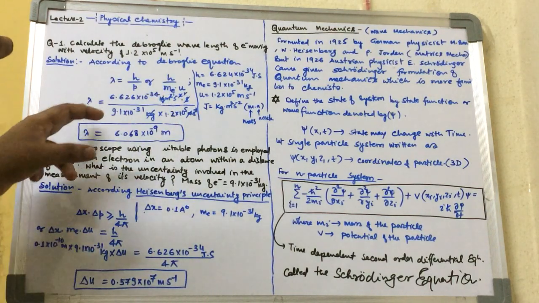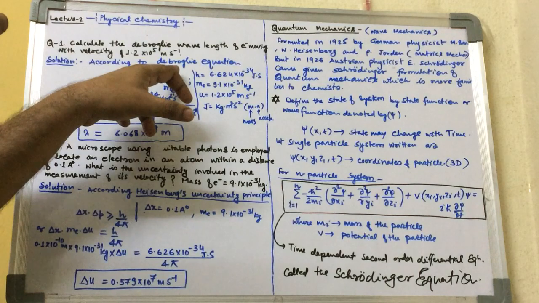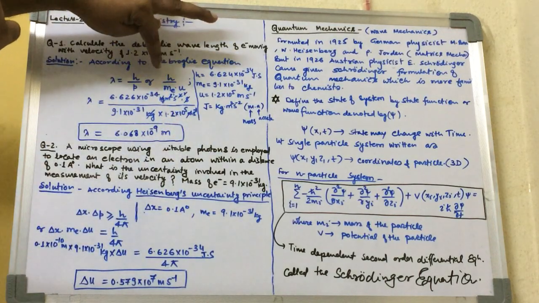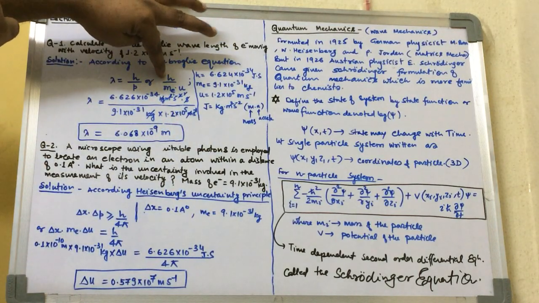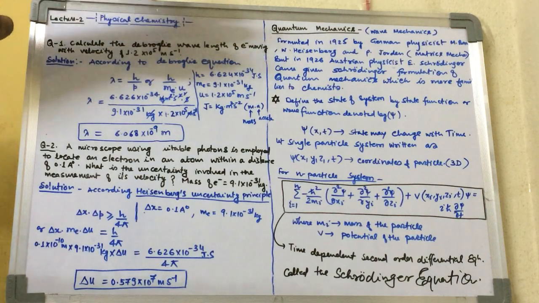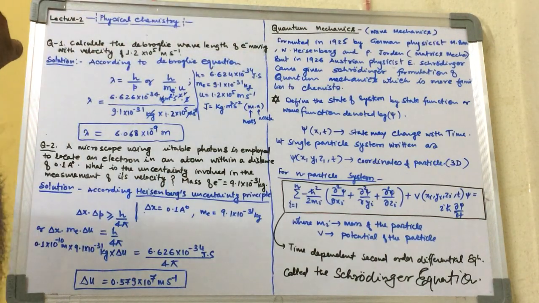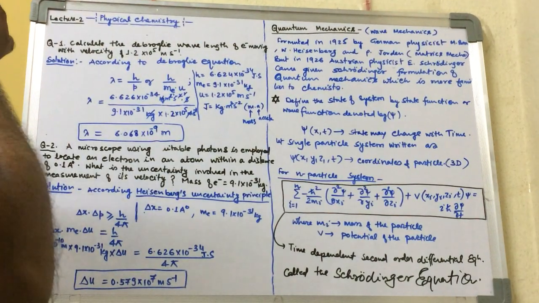So h is the Planck constant, and this constant value is given in your papers.